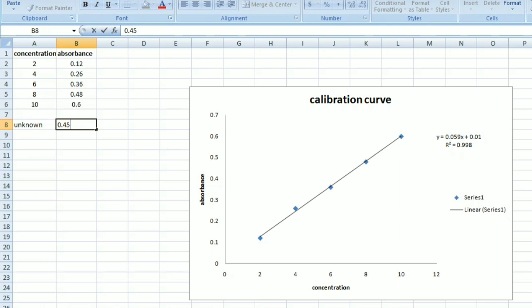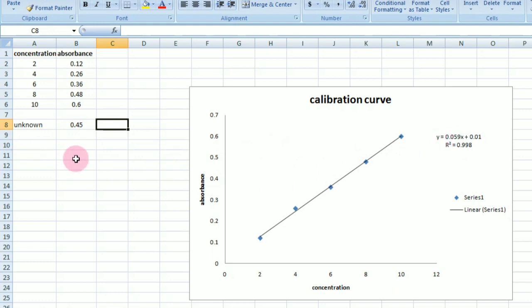The absorbance reading of the unknown solution was 0.45. There are two ways that I can use this calibration curve for determining the concentration of the unknown solution. One of the methods is to use this regression equation, where I will be substituting the 0.45 in the y place.